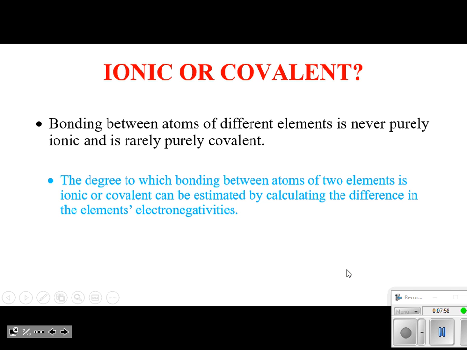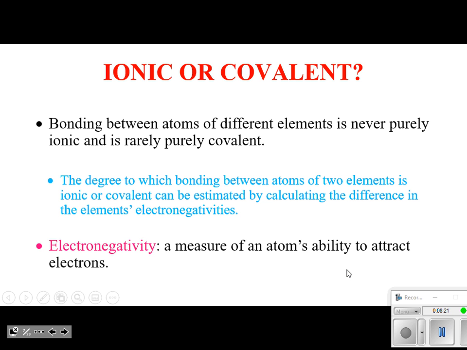Now, who can tell me what electronegativity is? We just talked about it in periodic trends. Sarah says it's a measure of the atom's ability to attract electrons.